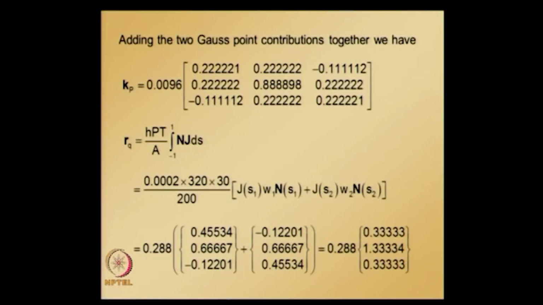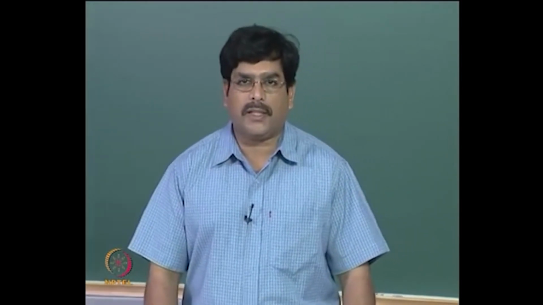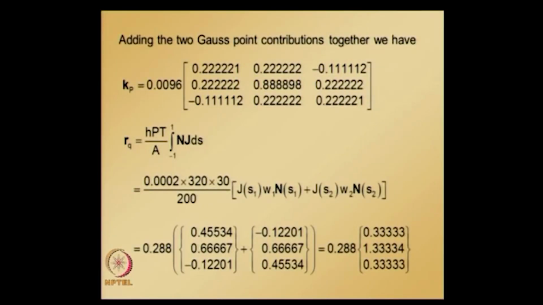Usually in the finite element method 2-point integration is adopted, but if somebody requires, or if they can guess that the order of the polynomial in the integrand is higher, then we can go for higher order Gauss quadrature, that is using more than 2 Gauss points.